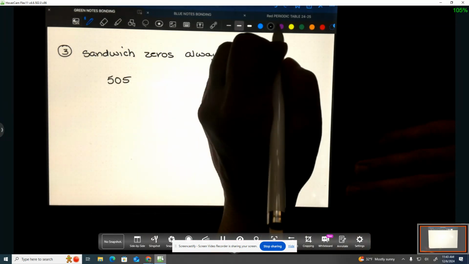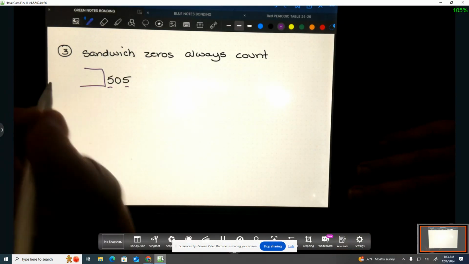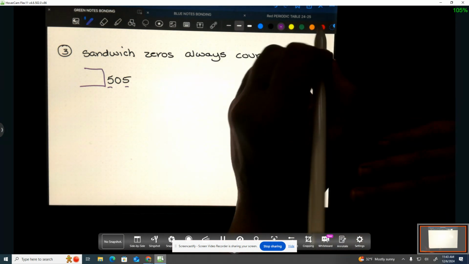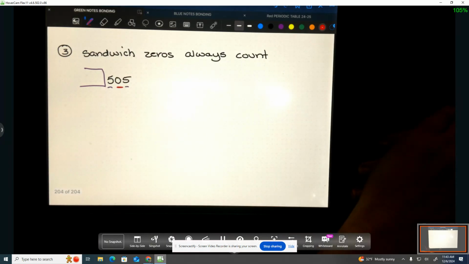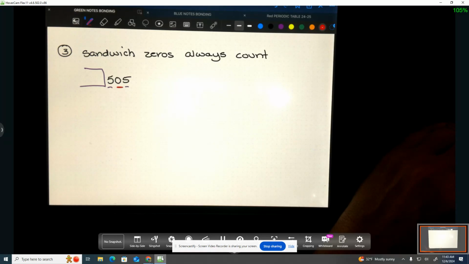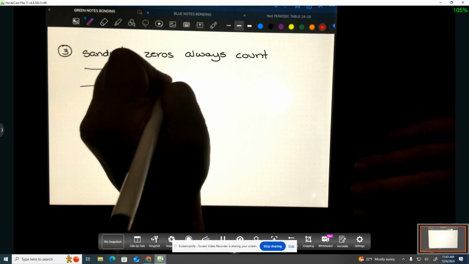Rule 1. The 5s count. Rule 2. Anything to the left of the first 5 doesn't count. Good news, we don't have any. Rule 3. This 0 is sandwiched between 2 significant digits, so it counts. If it's in between, it counts. So this has 3 sig figs.